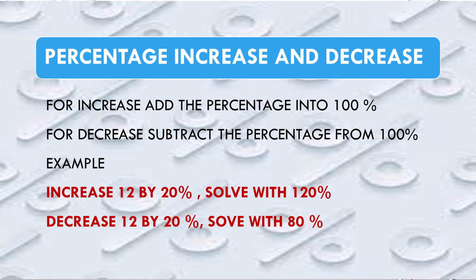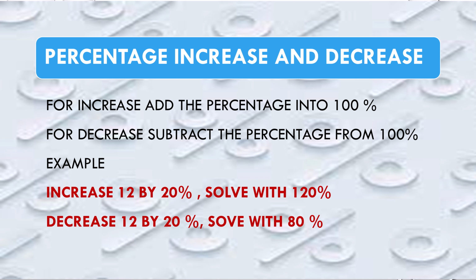Now the topic is percentage increase and decrease. For increase, add the percentage to 100%. As you all know, the complete means 100%. If we have to increase some value by a given percentage, we have to add it to 100. For example, to increase any number by 7%, we will use 107%.